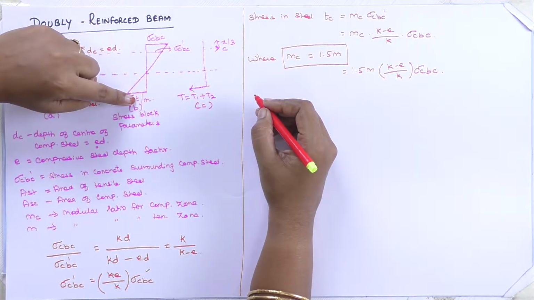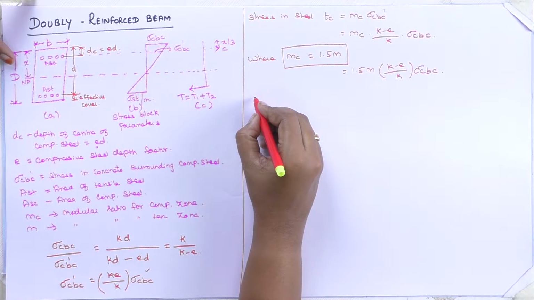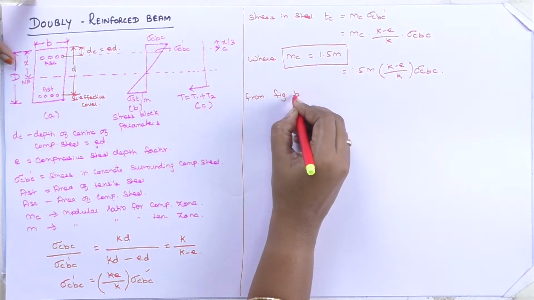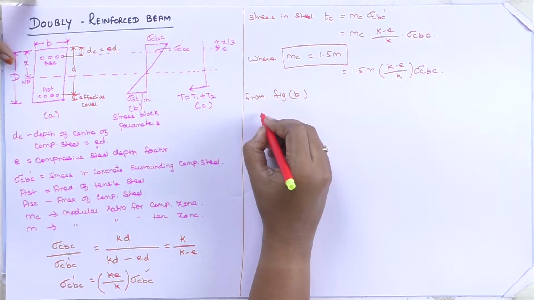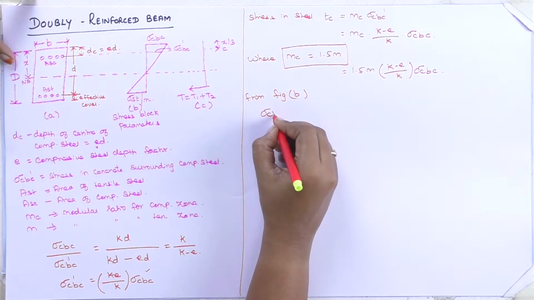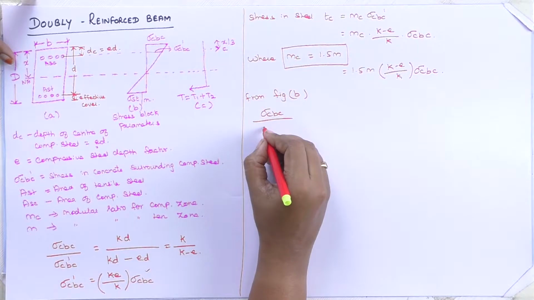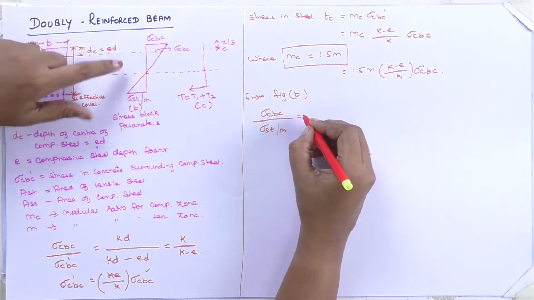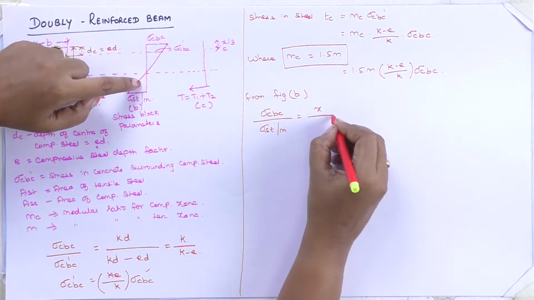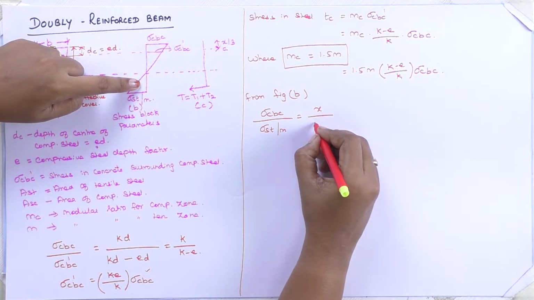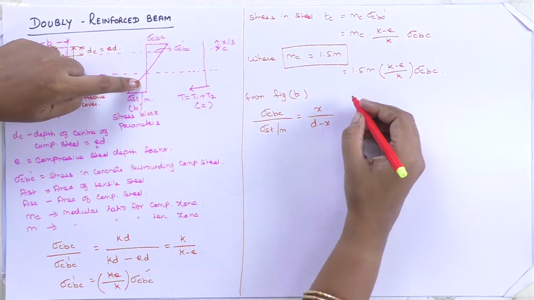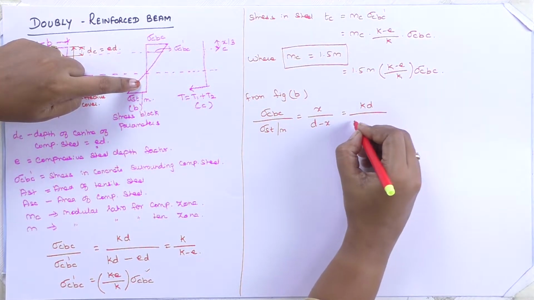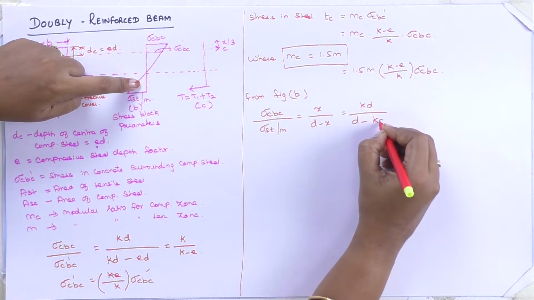From the similar triangles of this diagram, sigma cbc and sigma st. From figure B, sigma cbc divided by sigma st divided by m is equal to x divided by d minus x. That is x, you can denote as kd divided by d minus kd.